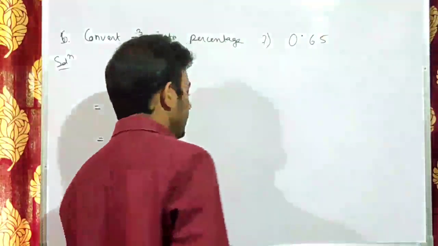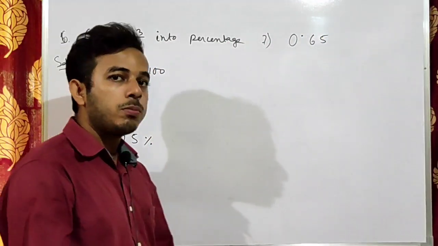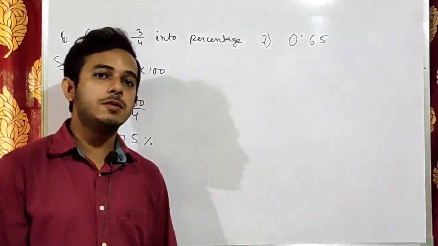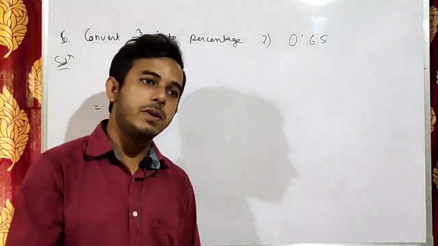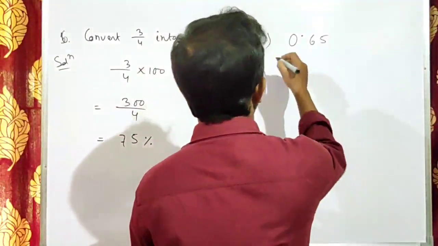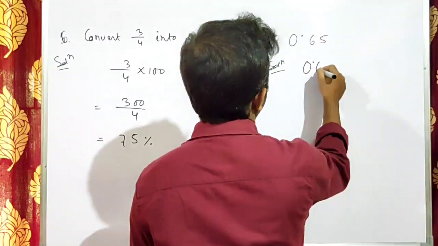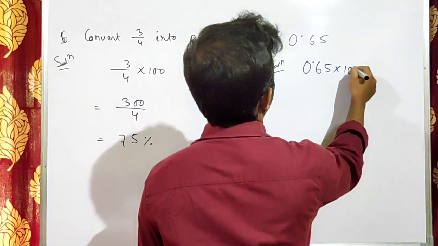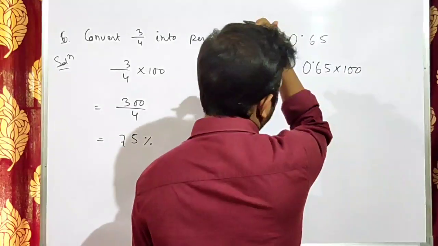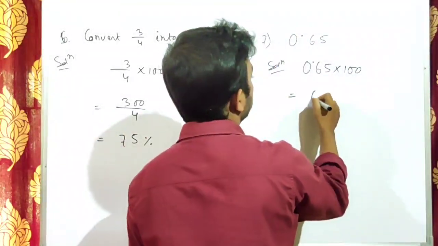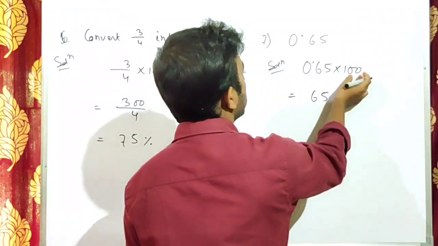We have to convert the decimal into percentage. So how to convert a decimal into percentage? It is by multiplying with 100 and putting the percent sign. So let's multiply it with 100. So 0.65 into 100 equals what? It will be 65.